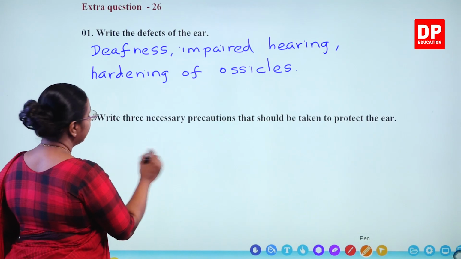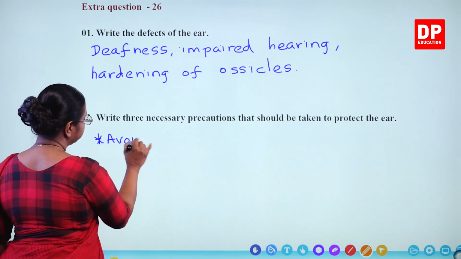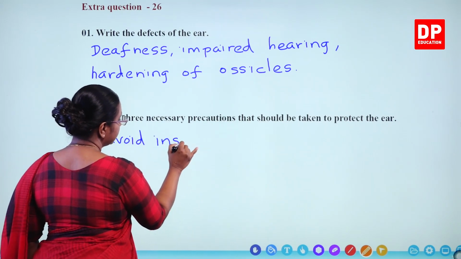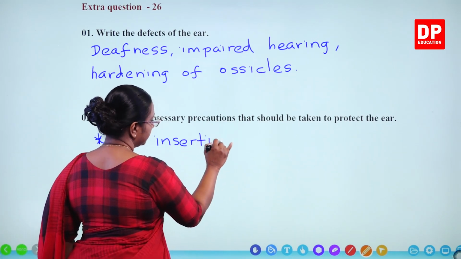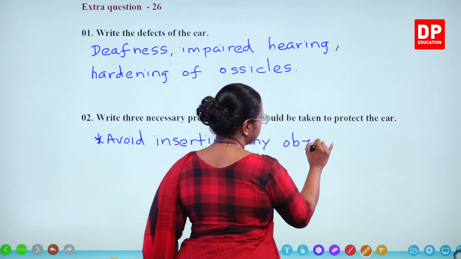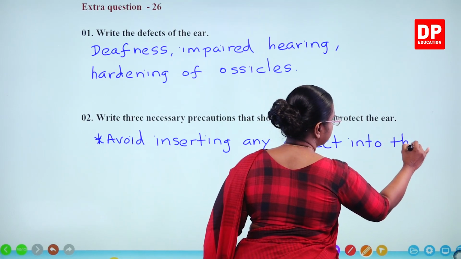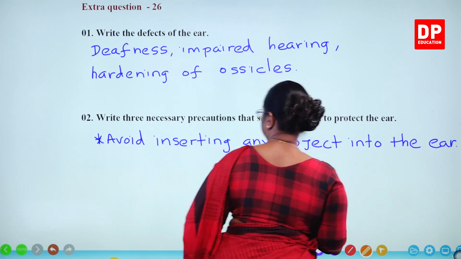So I will say first one, avoid inserting any object into the ear.